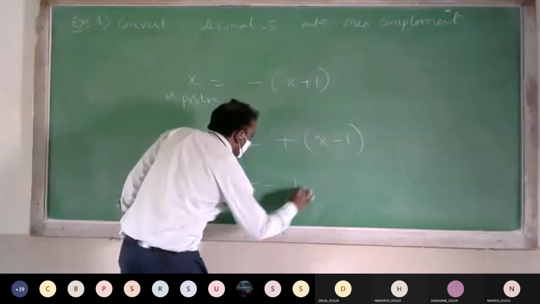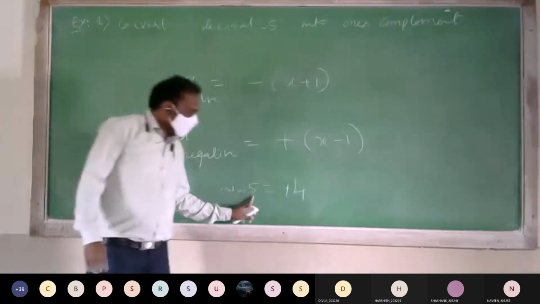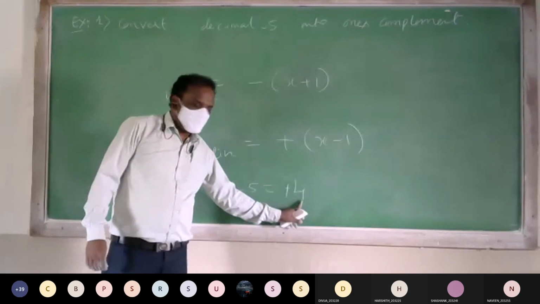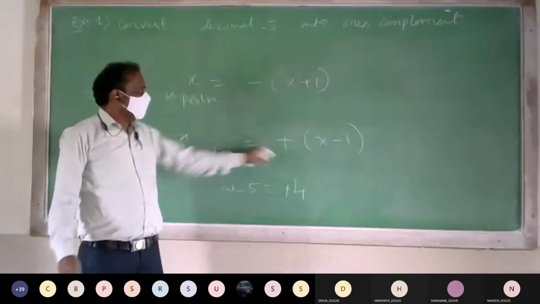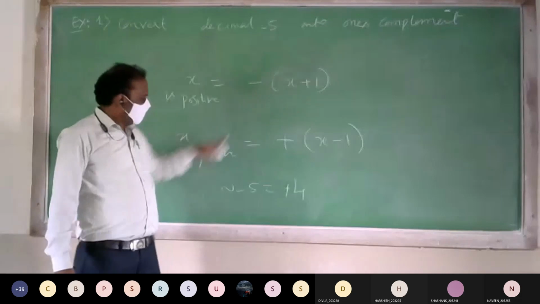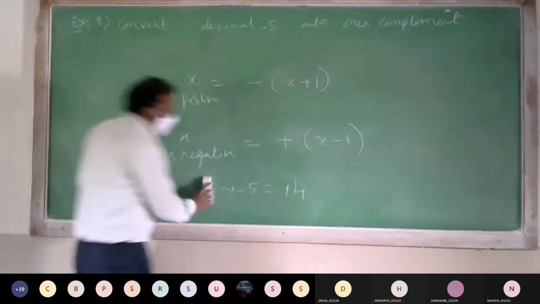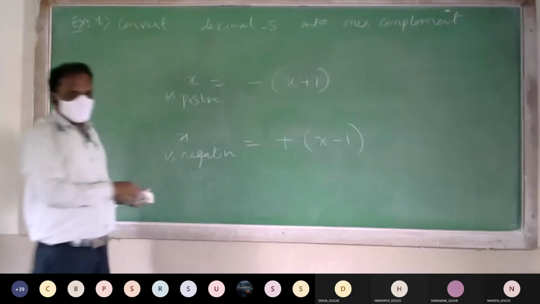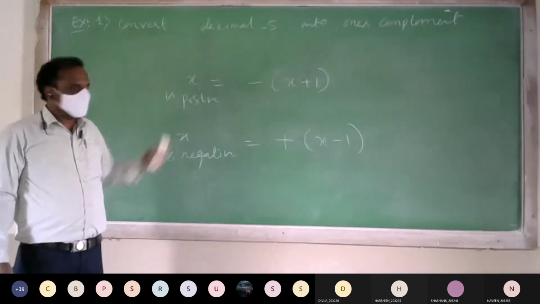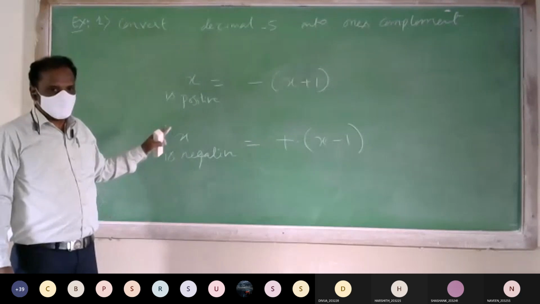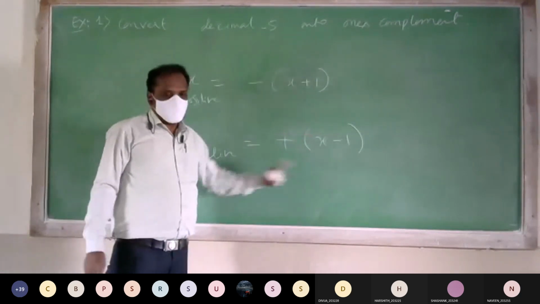Minus 5 is equal to plus 4. So when you are converting the negative number, the number will be decremented by 1 with the opposite sign. The sign will be opposite every time. If it is positive, negative. If it is negative, positive. This is only for remembering what will be the expected answer if you follow that procedure. Whether you are doing it the correct way or not, you can use this formula.